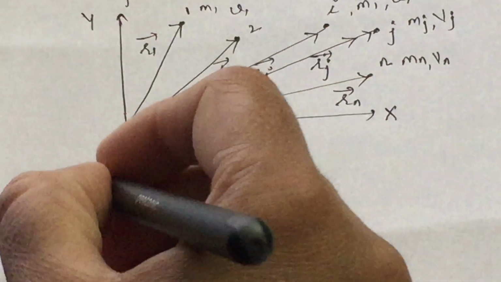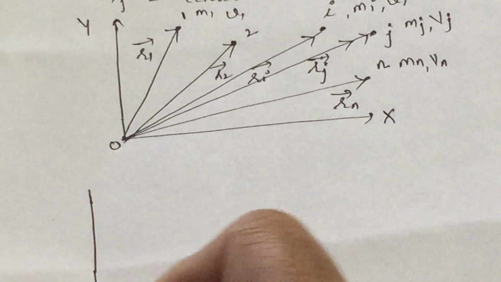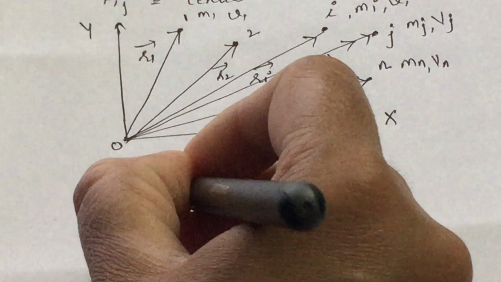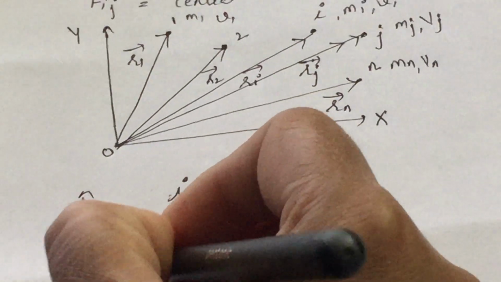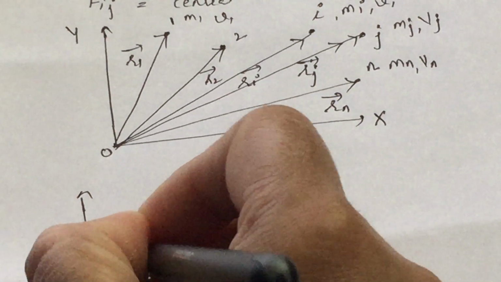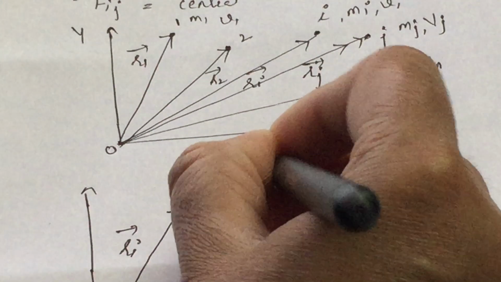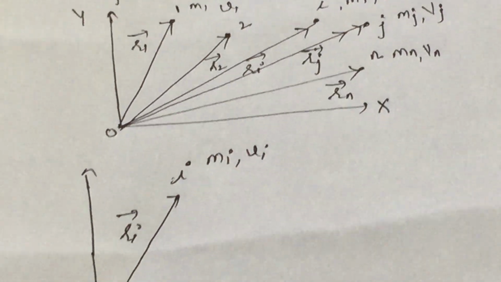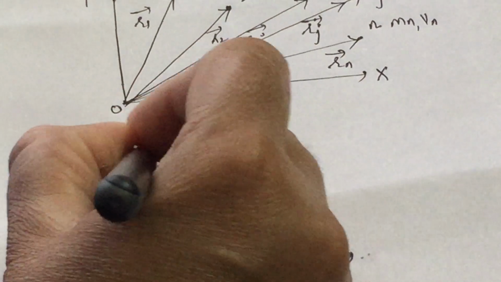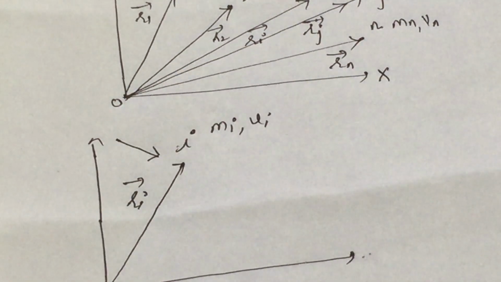Let us consider this ith particle, with position vector ri, mass mi, and velocity vi, which experiences an external force.